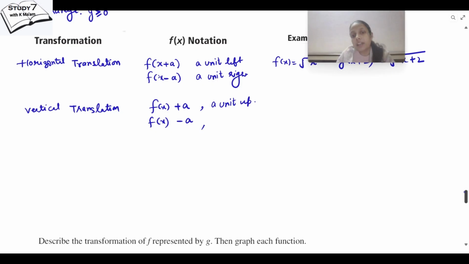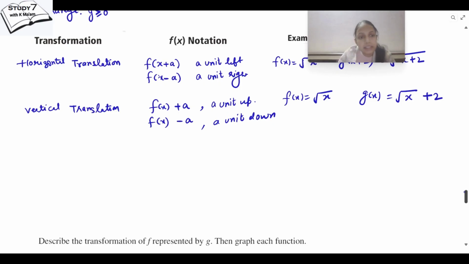If you are subtracting, that means you are shifting a units down. I'm taking the same example, f of x is square root x. If I have to shift 2 units up, it will be square root x plus 2 outside.